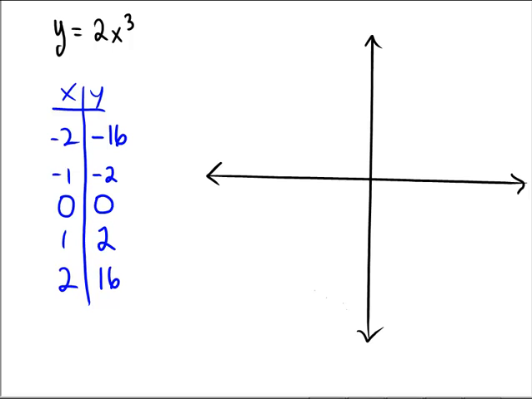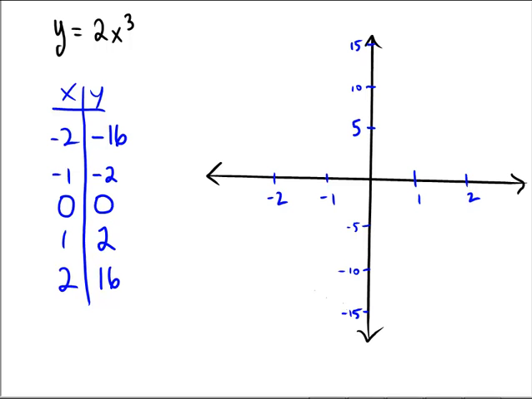So coming over to the graph, again along the x, we're going to go 1, 2, negative 1, negative 2. And coincidentally, along the y, since we have to get up to 16, I think I'm going to scale by 5s again. That was not intentional, but it just seems to work here. So 5, 10, 15, and then we'll go negative 5, negative 10, and negative 15.